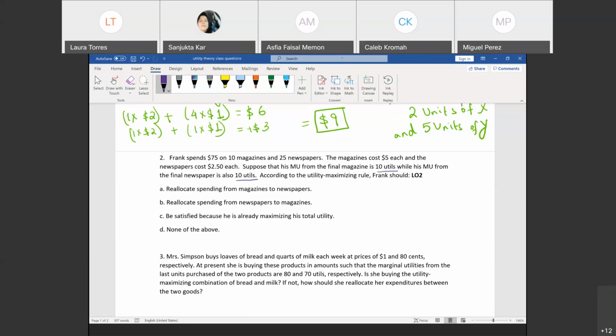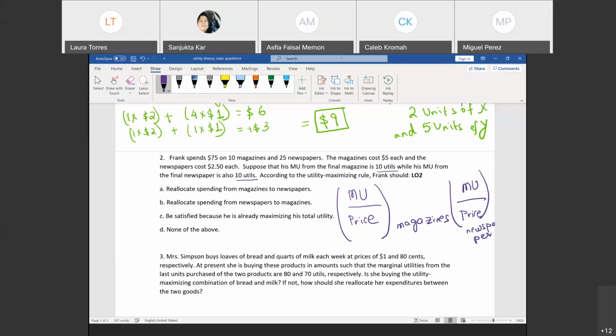For problems like this, you take the marginal utility over price for each of the goods: magazines and newspapers.